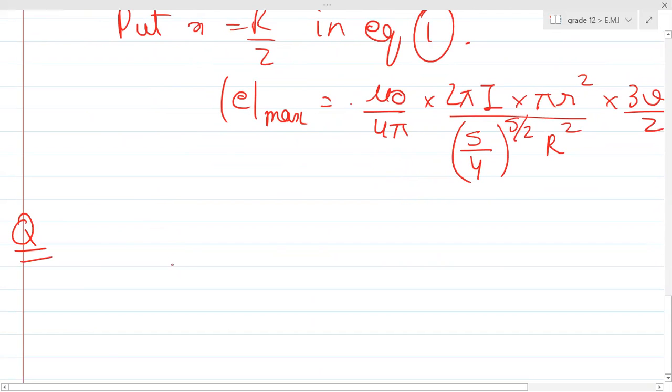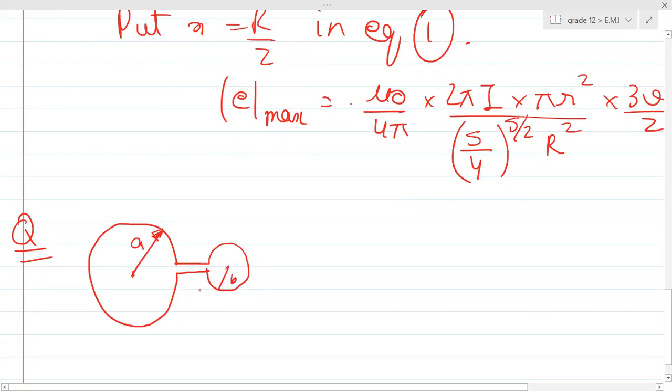Guys, there are two circular rings. Okay? This is also a circular ring, and this is also a circular ring. Can you see two circular rings of radius A and B? Radius A and B. Can you see this thing? Initially, they were placed like this.